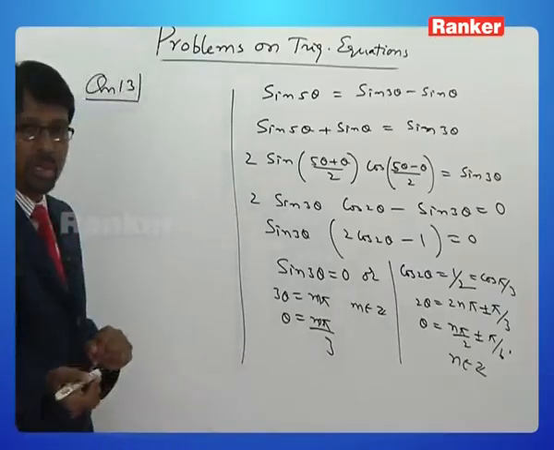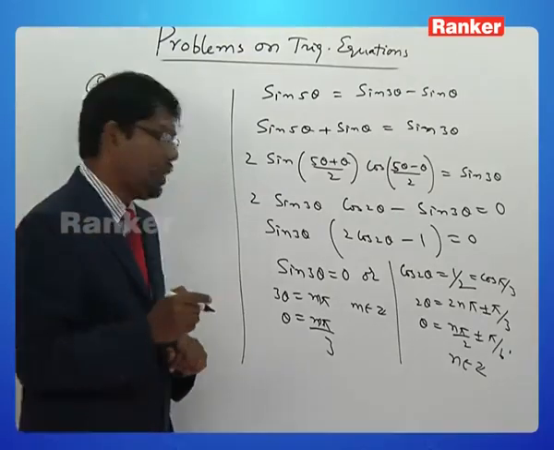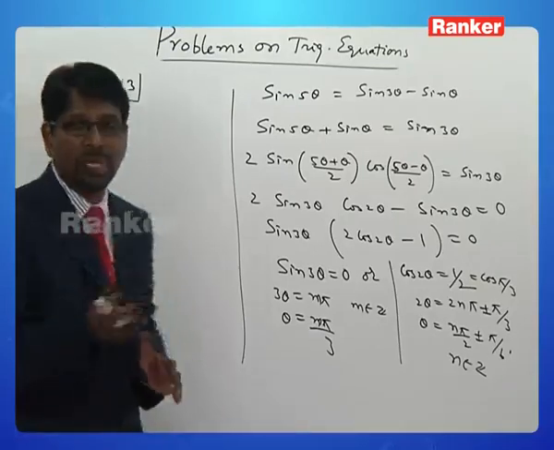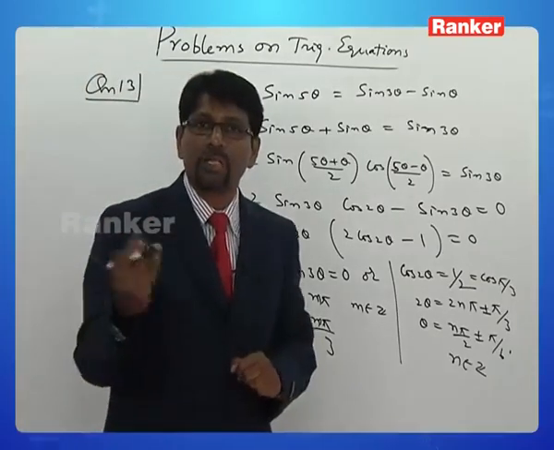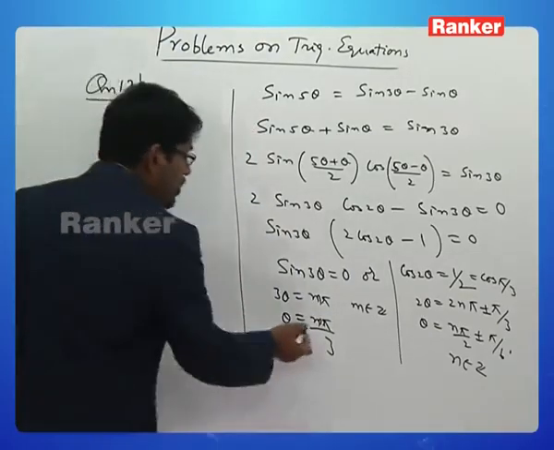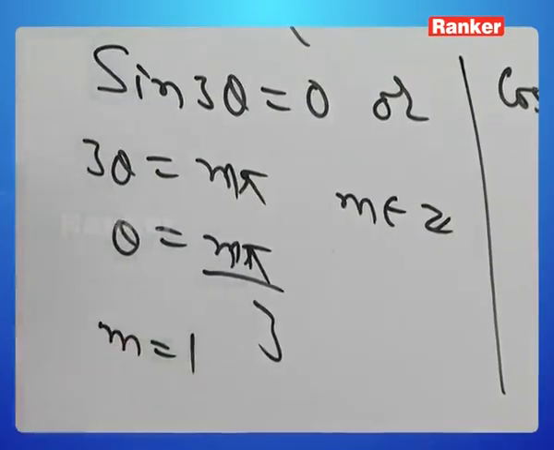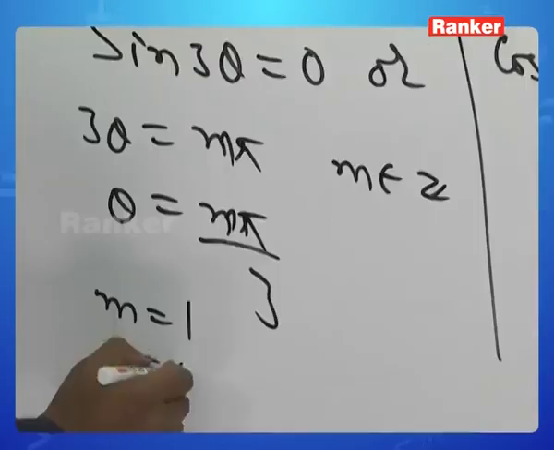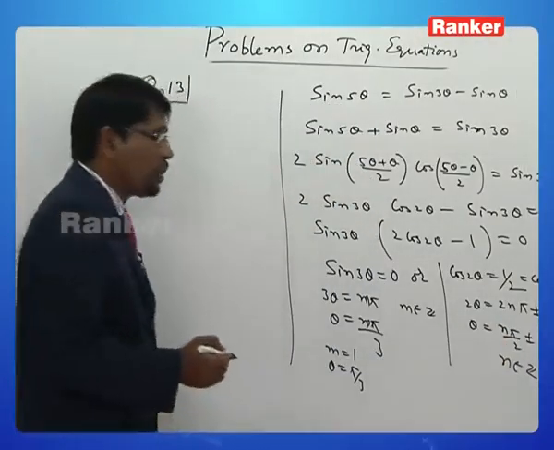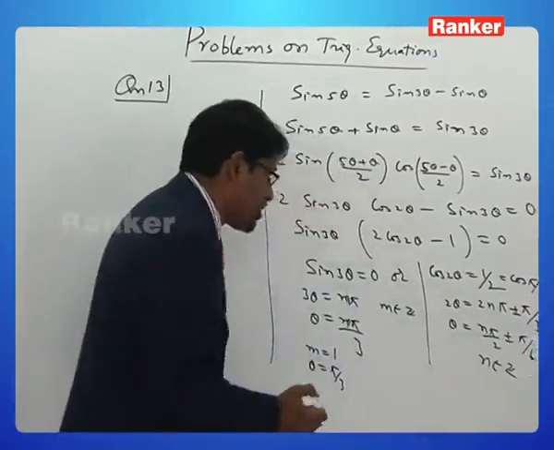Now we are interested in the values of theta which only lie between 0 and pi by 2. So let's keep giving values to m and n and pick up the values which fall in the interval 0 to pi by 2. If I give m equal to 1, that gives me theta equal to pi by 3. And here if I give n equal to 0 and take a plus sign, I am going to get pi by 6.